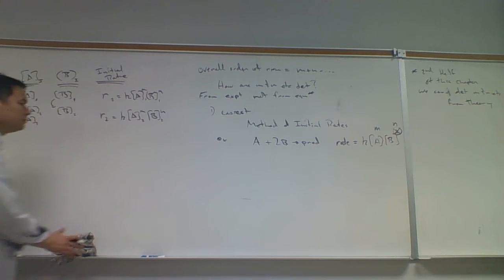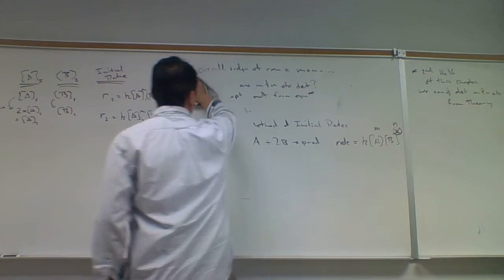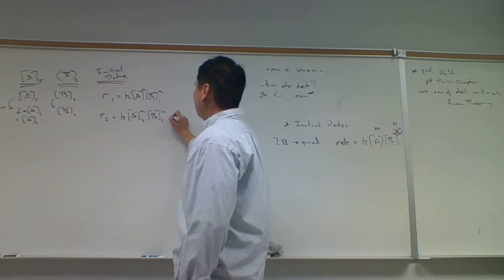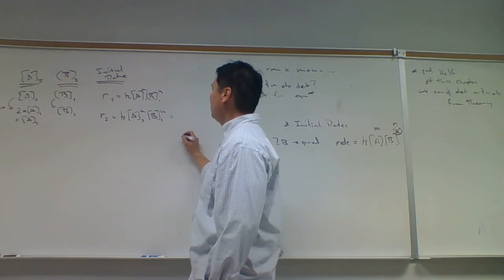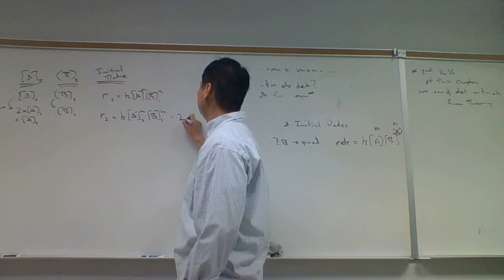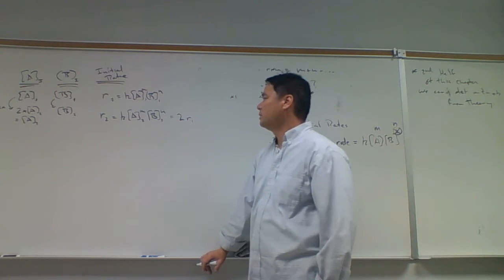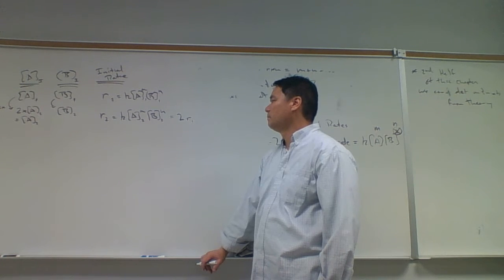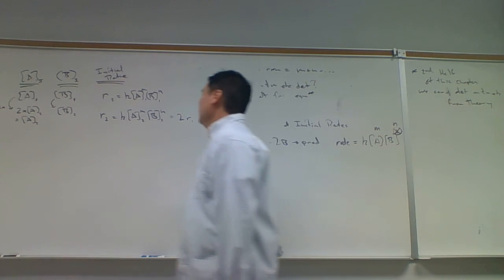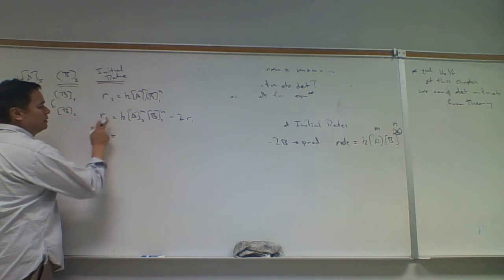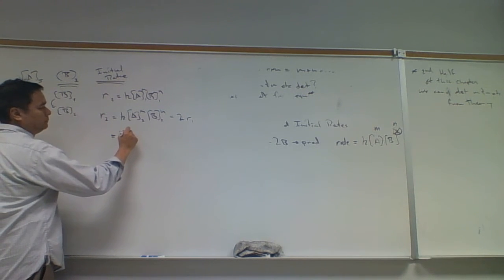And so let's say I do this and I determine the initial rate, and let's say the rate doubled. Let's say it's 2 times R1. And so the rate doubled. And so what that means is that this is going to equal k.